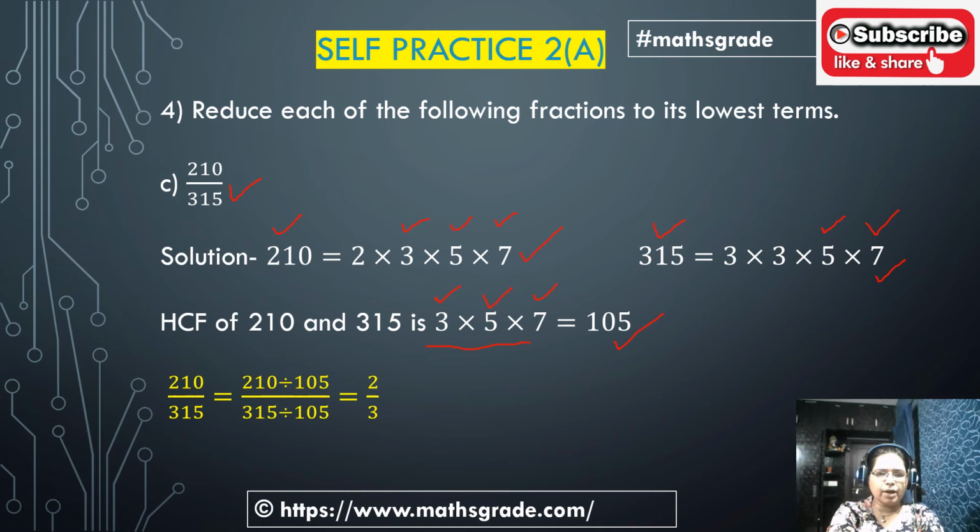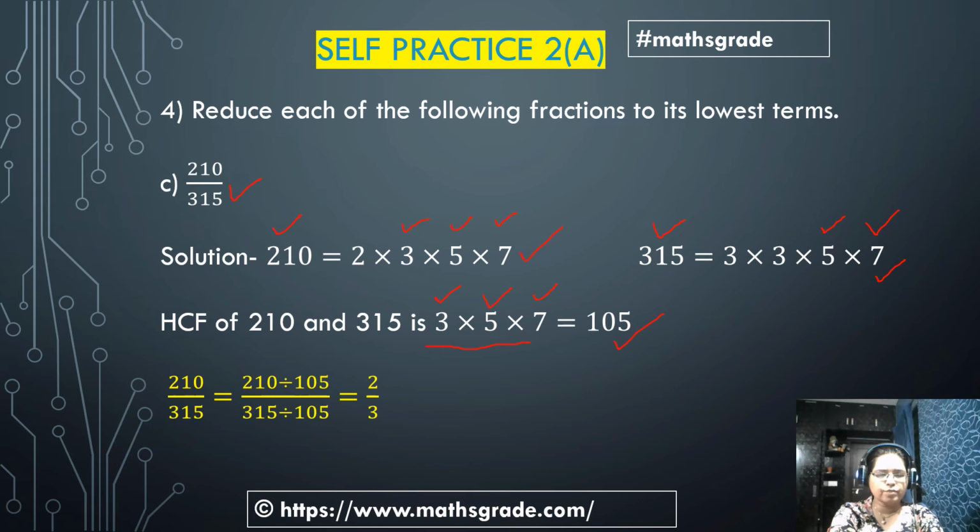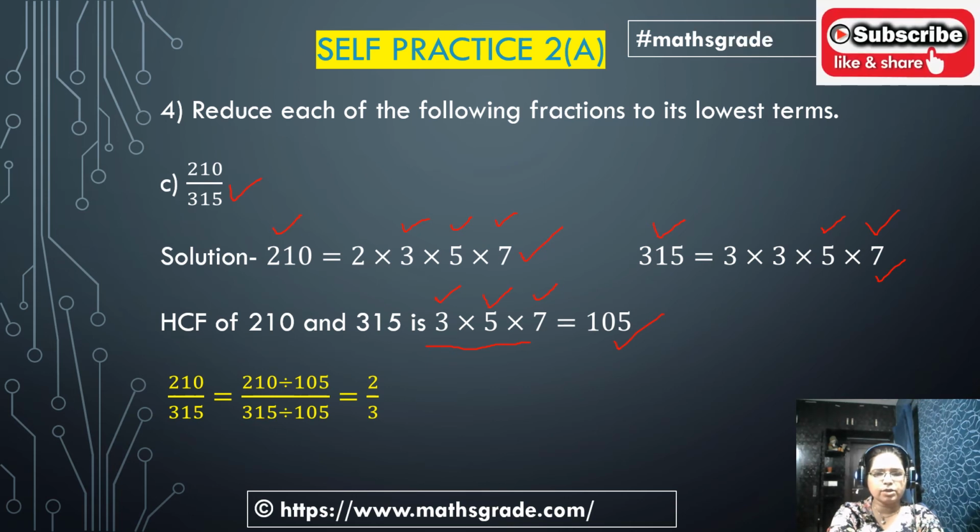Now we divide the numerator and denominator of 210 divided by 315 by 105. 210 divided by 105 we get 2, and 315 divided by 105 we get 3.